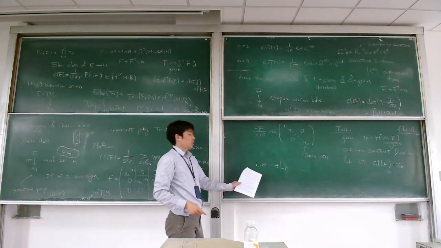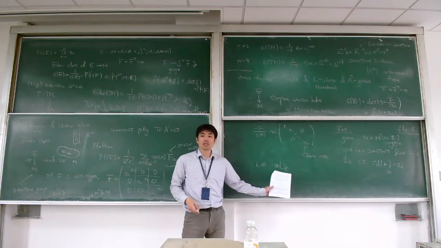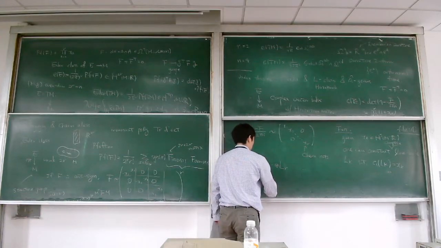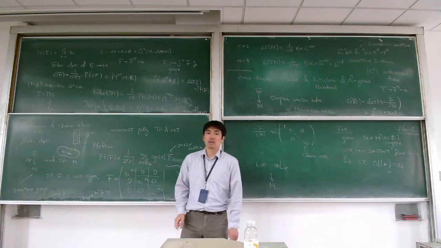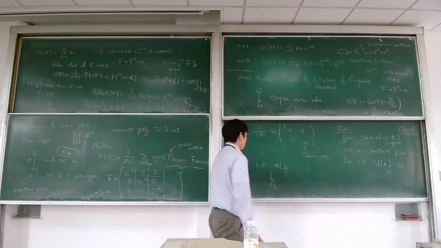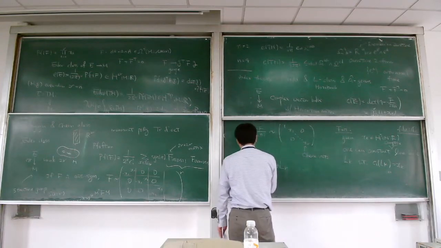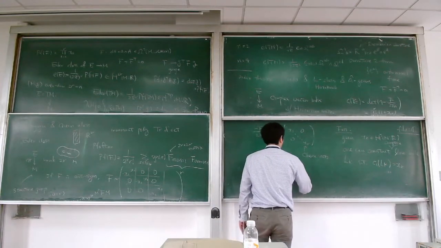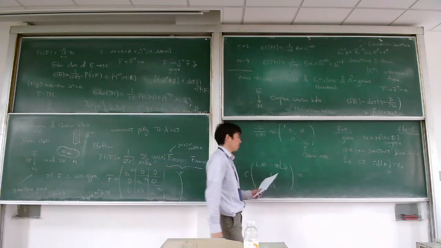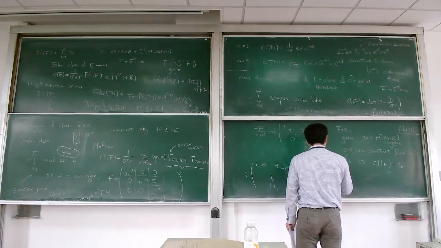Therefore, if you consider the complex rank of this bundle, it becomes r dimensional, and one can consider the Chern class of this bundle. Then since it's just a direct sum, we just have 1 plus x_k indeed.